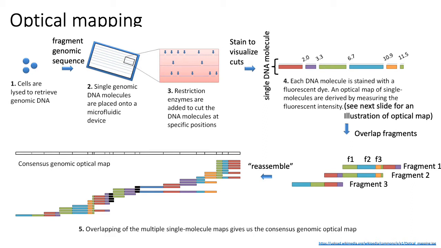But what you can figure out in this specific case is that, even though they aren't ordered for you, by looking at the length of the segments of each fragment that have been cut, if fragment 1 and 2, for example, came from adjacent regions of the genome, then they should share, in this case, subfragments F1, F2, and F3, because that's a region of the genome that's common to fragment 1 and 2.